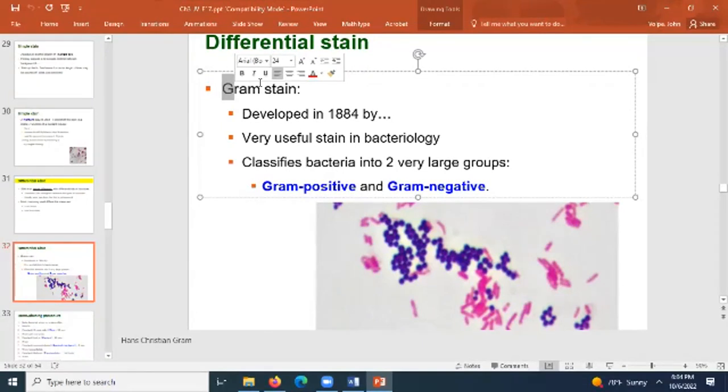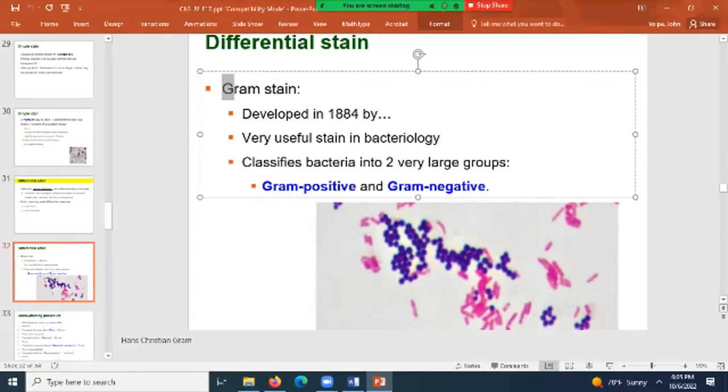When microbiologists started using the Gram stain, they quickly realized that it classifies all bacteria into 2 very large groups. Those bacteria that are gram-positive cells and those that are gram-negative cells.